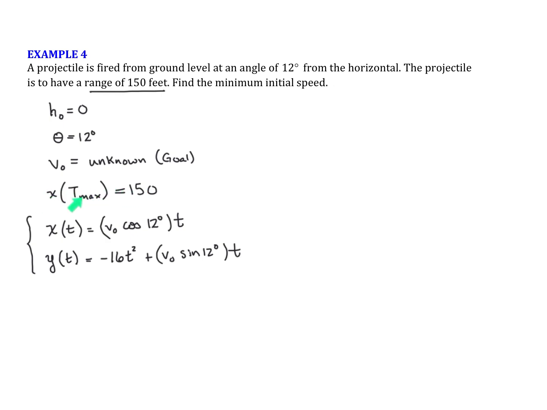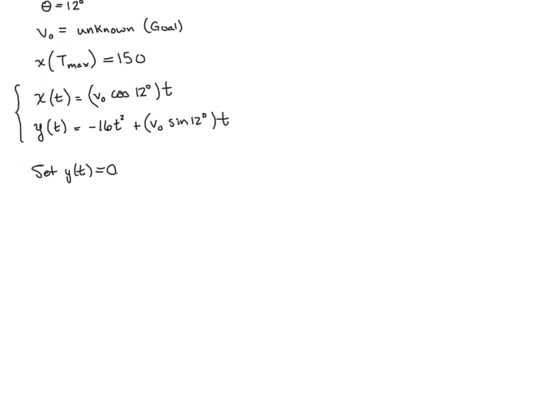well, think back at the last problem. t max is whenever the height of our projectile is 0. So let's set y(t) equal to 0. That's -16t² + v naught sine of 12 degrees t = 0.